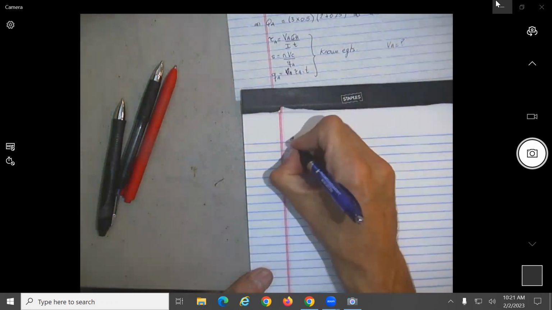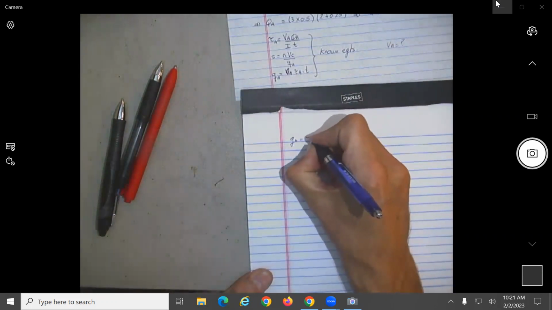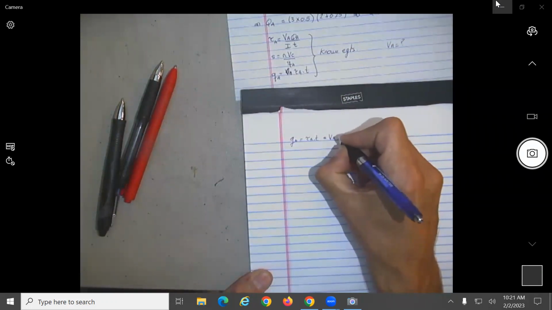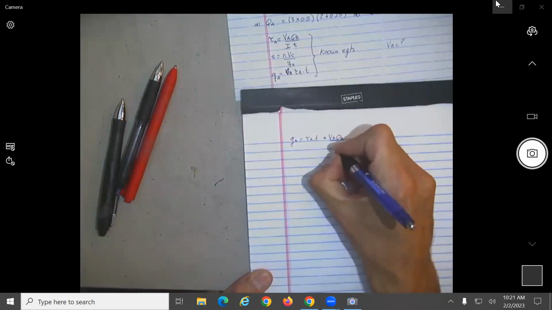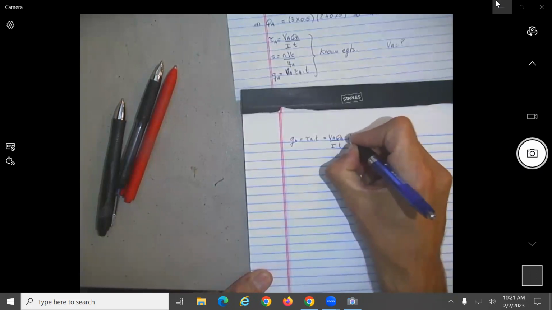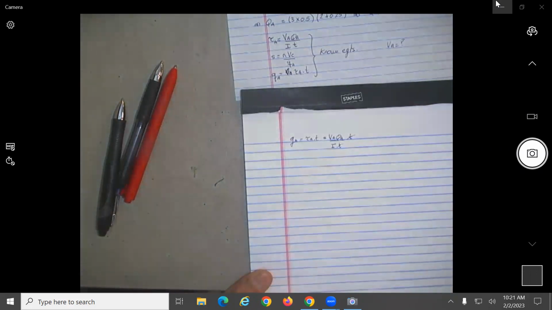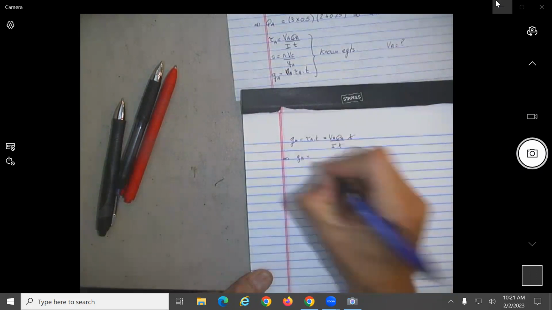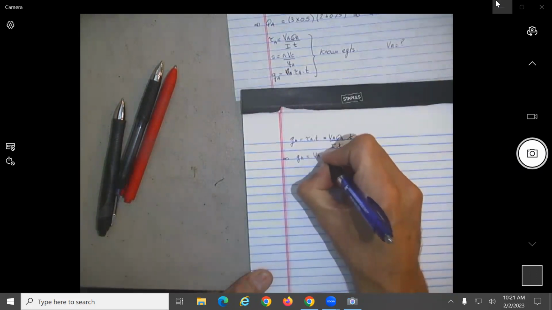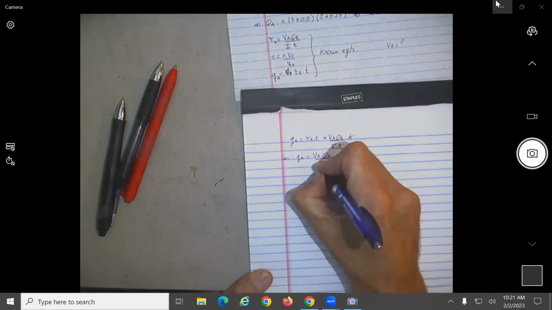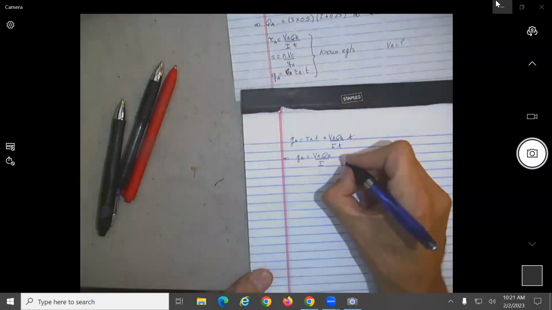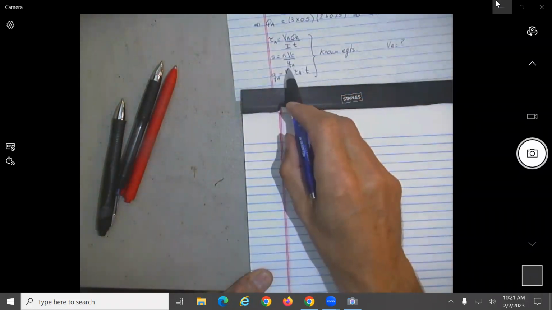So let's see how we can combine these. Let's start with the last one. Q sub A for case A is equal to tau sub A times T. So this is equal to what? V sub A Q sub A divided by I times T, times T. We have here q sub A equal to V sub A Q sub A divided by I. But now from the second equation, what is q sub A also equal to?